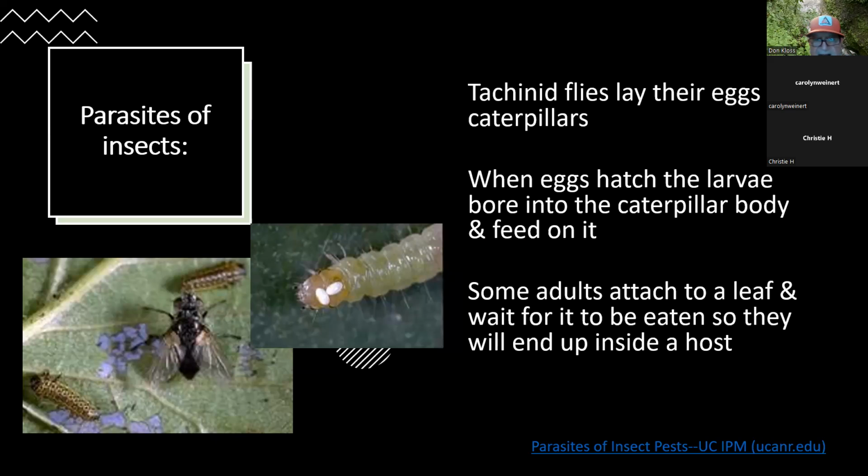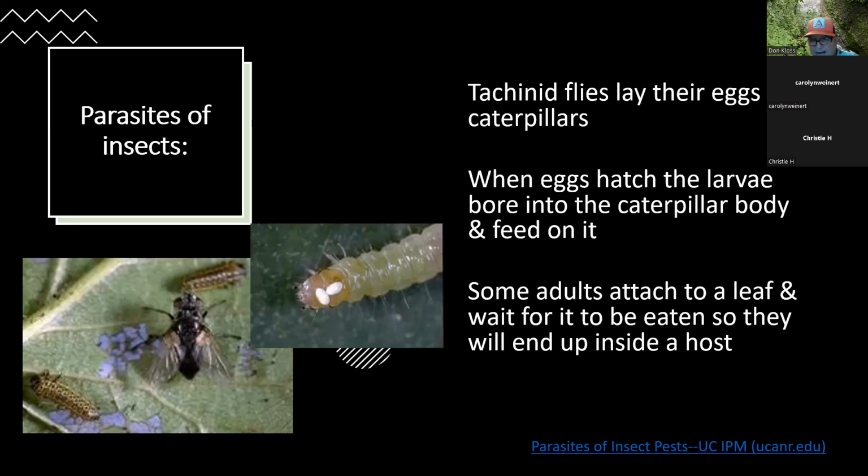The other thing that happens with them is some adult tachinid flies attach themselves to the leaf of a plant that is something that animals eat, like something a rabbit would eat, for example, and they just sit there and wait for that leaf to be eaten.